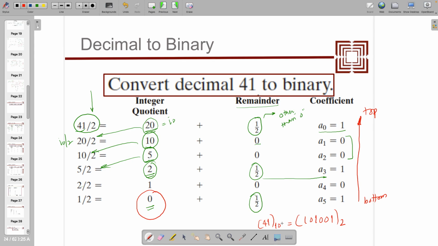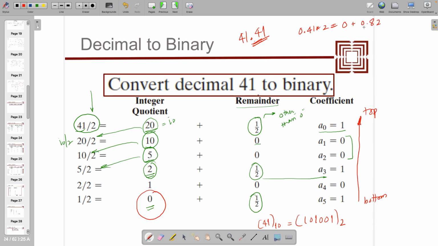So this is what you do before the decimal point. If it is, let's say, 41.41, then you have to multiply this 0.41 by 2, and it becomes 0.82, right?